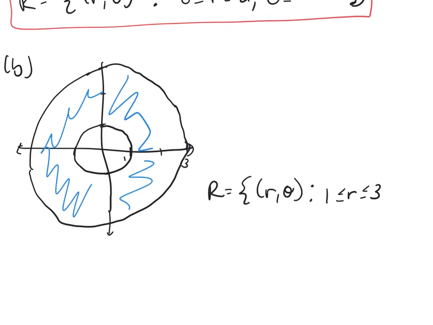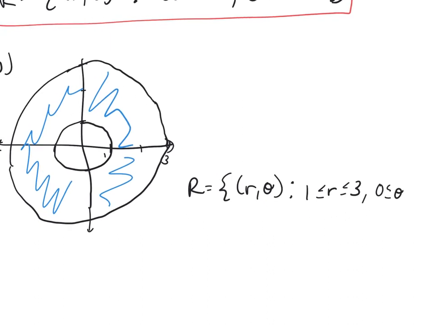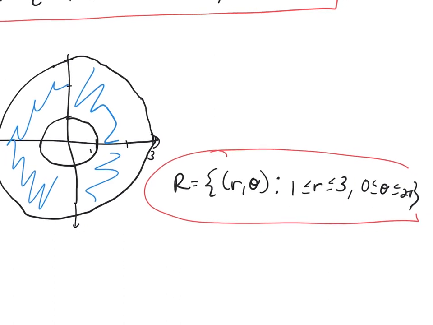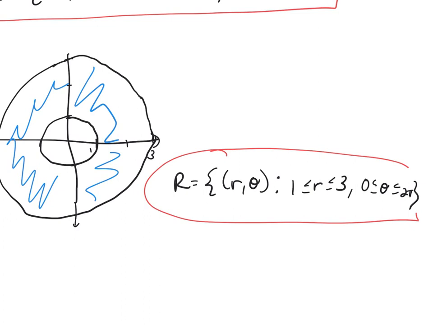Then think about your angles: theta goes from 0 to 2 pi. So this is how I would describe that region in polar coordinates. r is between 1 and 3. Theta is between 0 and 2 pi.